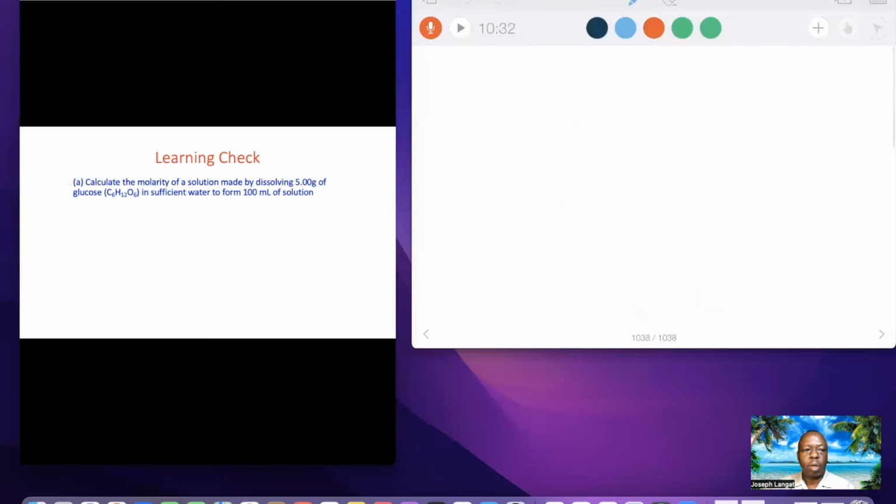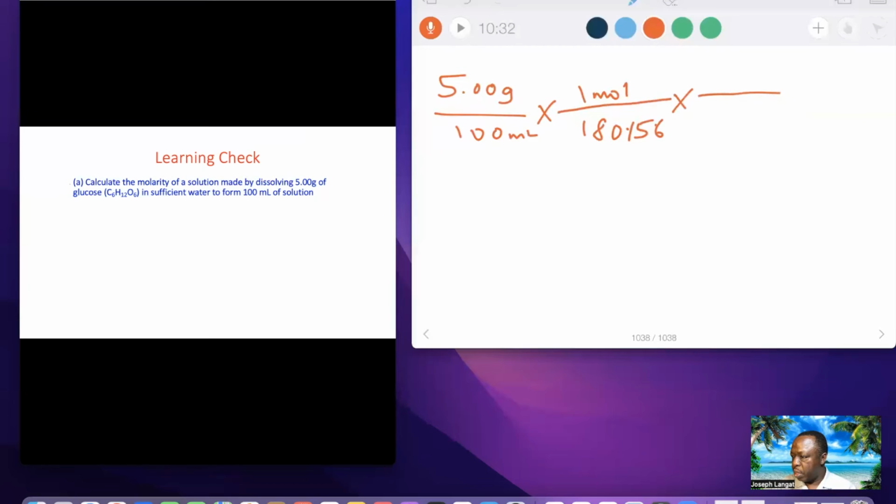Alternatively, some folks can start by saying, if I dissolve 5 grams in 100 mL, you change the mass to moles: 1 mole over 180.156 grams. You want to get rid of mL, so here is 1,000 mL for 1 liter.